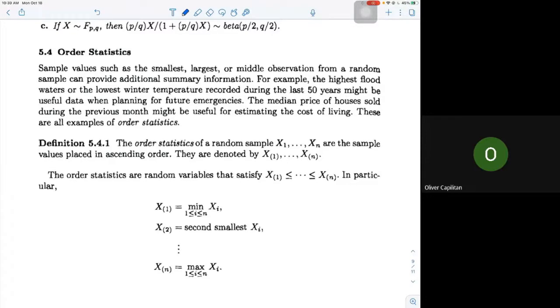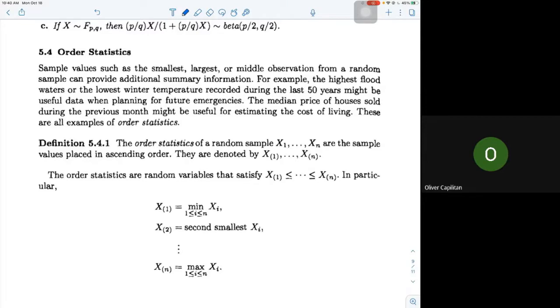The highest flood waters or the lowest winter temperature recorded during the last 50 years might be useful data when planning for future emergencies. So these observations provide additional information for us. We have also the median price of houses sold during the previous month might be useful for estimating the cost of living. So these are examples of order statistics.